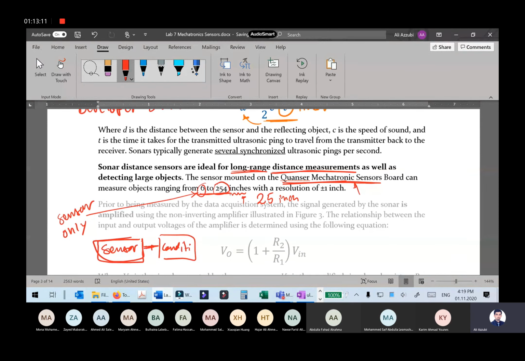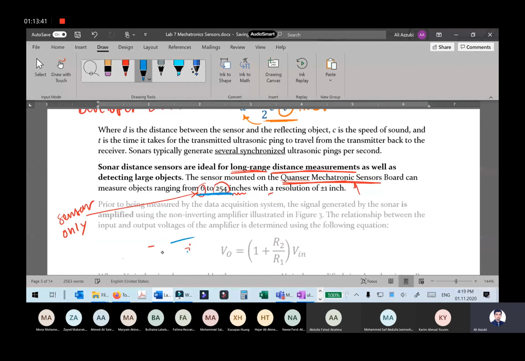Simply because of the amplifier range, because of the internal circuitry, this conditioning part may limit the given range. What's given to me here is actually the sensor range, but you'll see that my combined range of sensor plus conditioning is about 25 inches. We'll verify this through experiment.